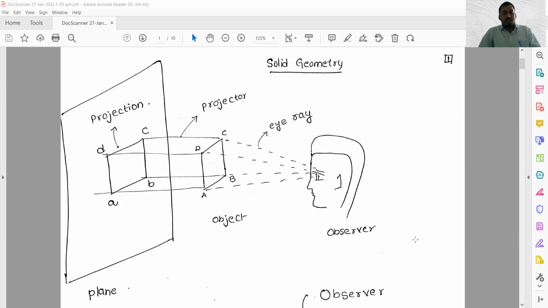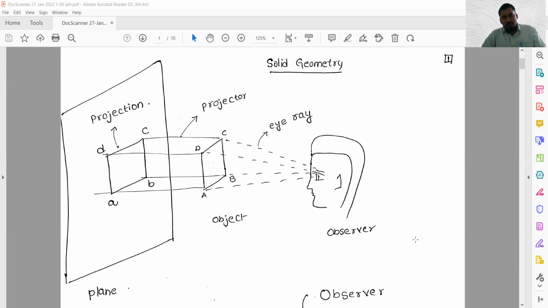In cycloids, we discussed the cycloid, epicycloid and hypocycloid, and two special problems were also discussed from the examination point of view. Later we moved to involutes, in which we covered how to draw an involute for a circle and different polygons. So these topics were covered in the first unit.